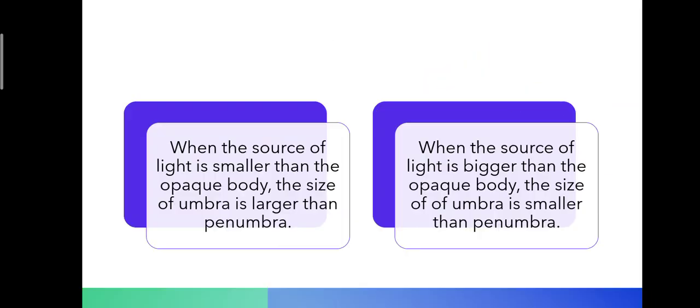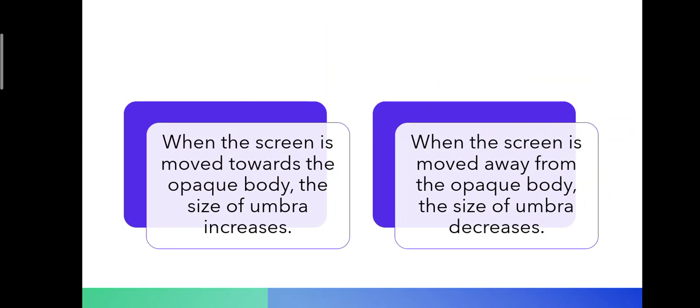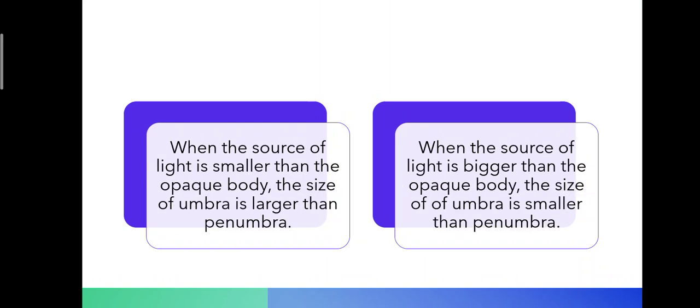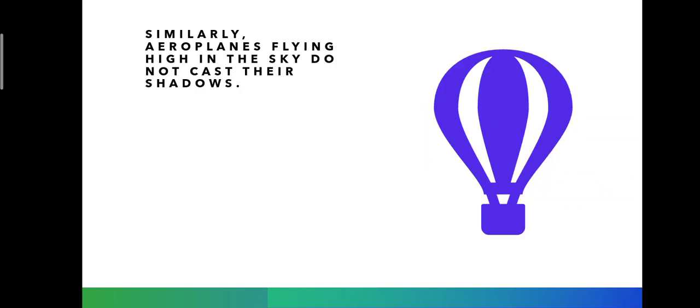When the screen is near the opaque body, the umbra increases. When the screen is far from the opaque body, the umbra decreases. Light is smaller, umbra is larger. Light is bigger, umbra is smaller.